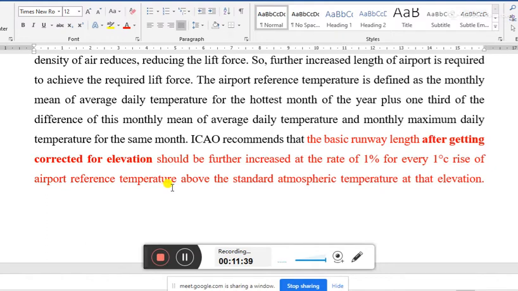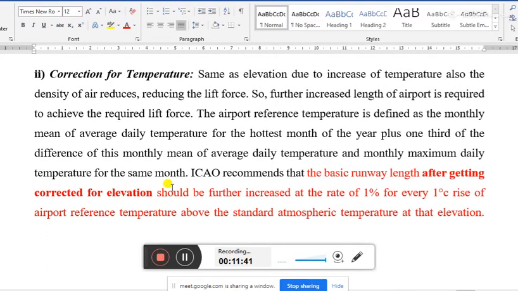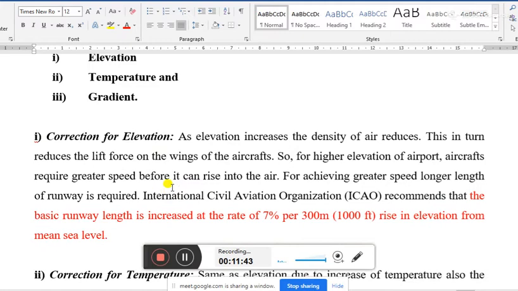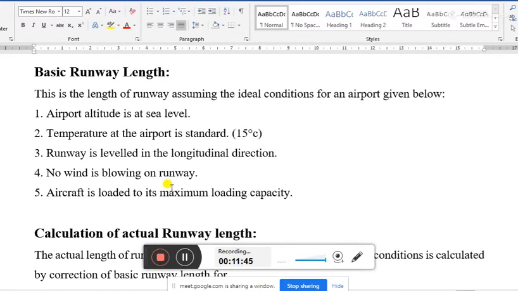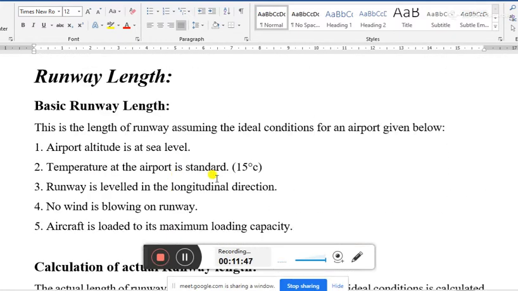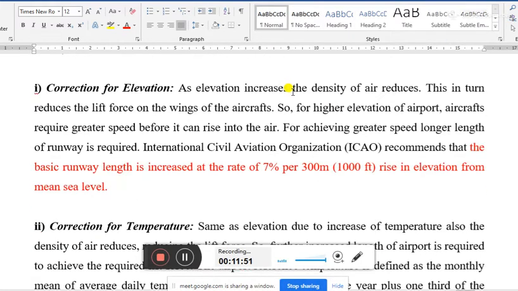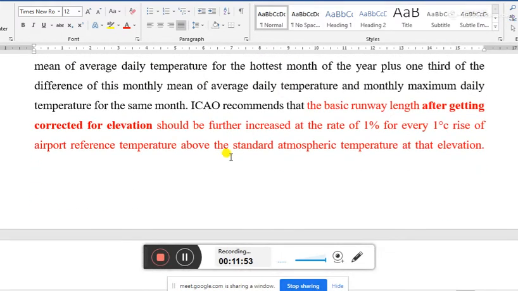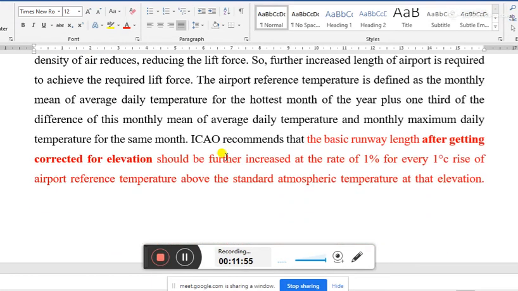Now, in the ideal conditions, there is one temperature given, that is 15 degrees Celsius. Obviously, if the airport reference temperature is 30 degrees Celsius, the rise of temperature is 30 minus 15 degrees Celsius, that is 15 degrees Celsius.